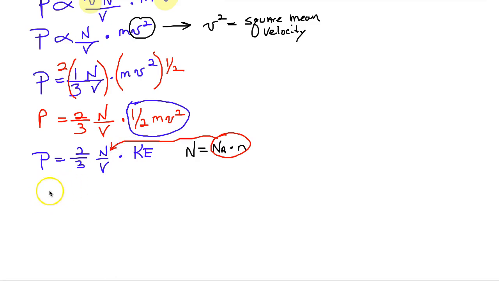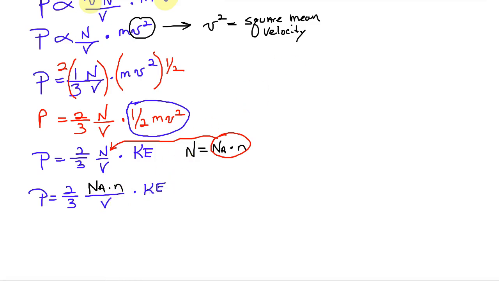So P, pressure, is equal to 2/3 Na times n over V times the kinetic energy. Okay, what the heck did I do that for?